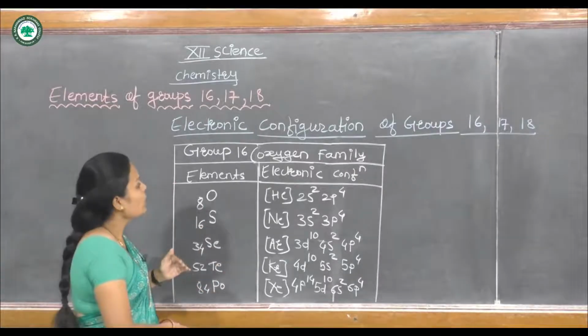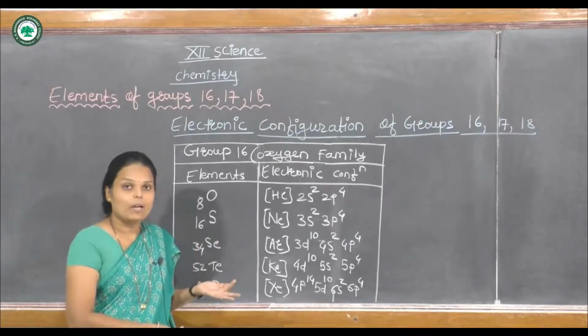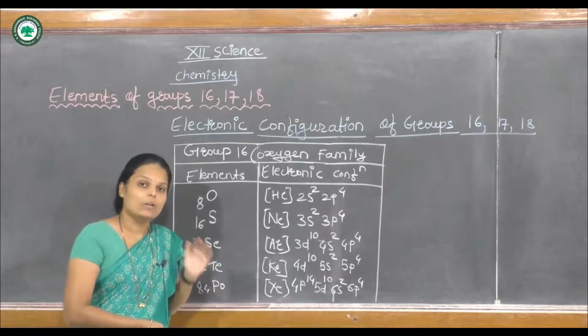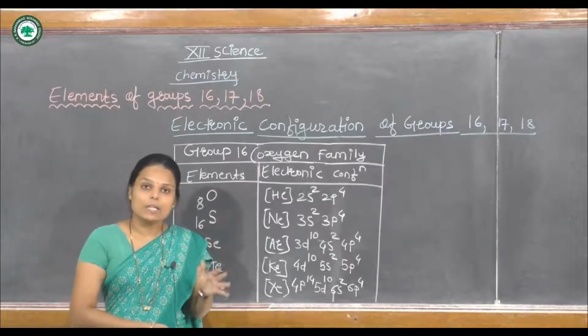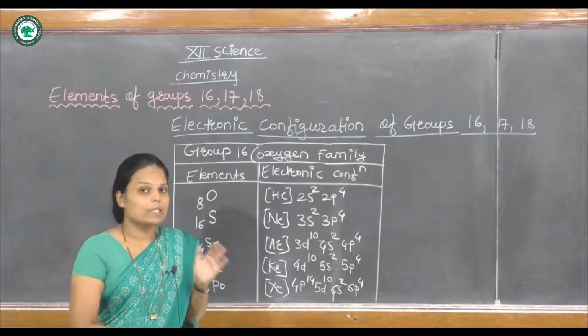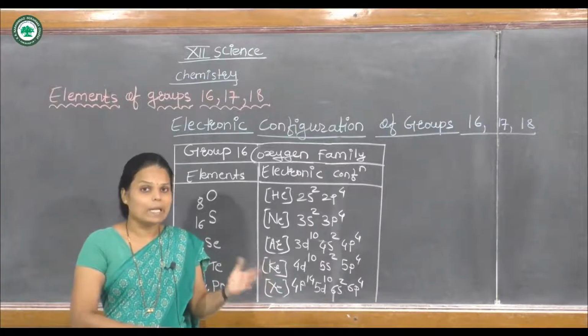Similarly, we also discuss the electronic configurations of group 17, called the halogen family. In the halogen family six elements are present: fluorine, chlorine, bromine, iodine and astatine.